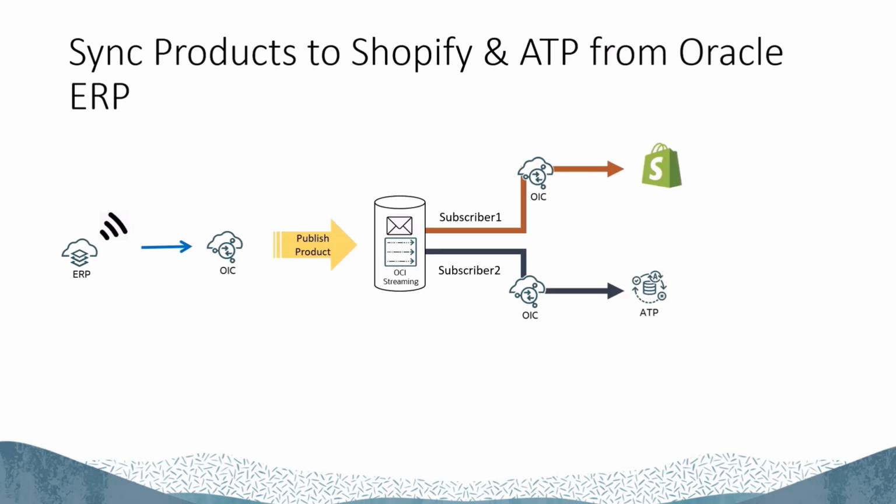Later, in case the customer wants a new subscriber to be consuming the same message that was created in the first step, they can create a similar integration to process it to the third subscriber as well.